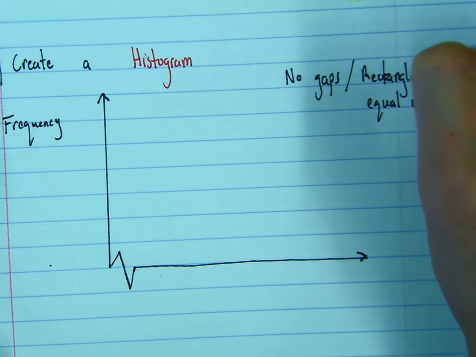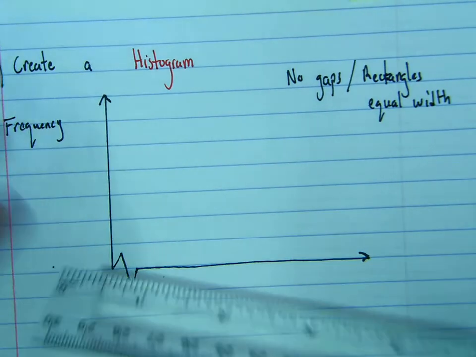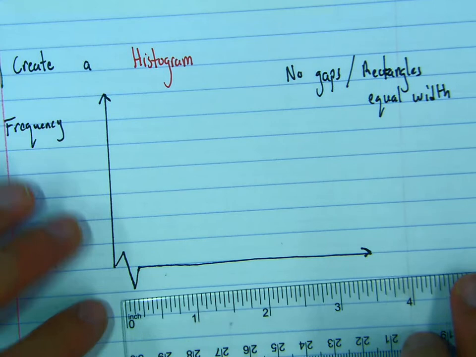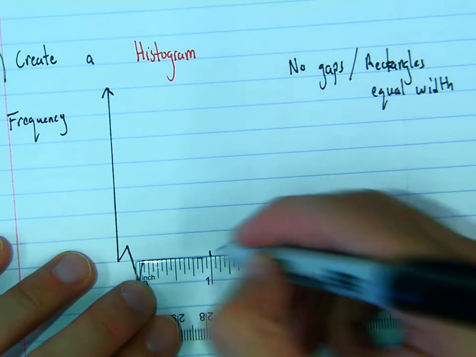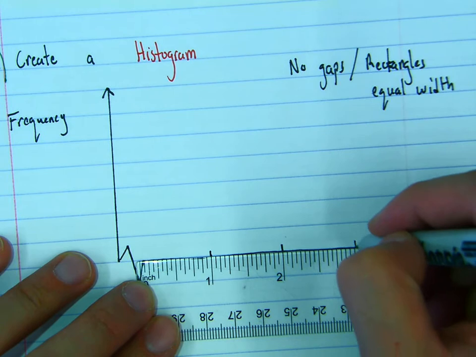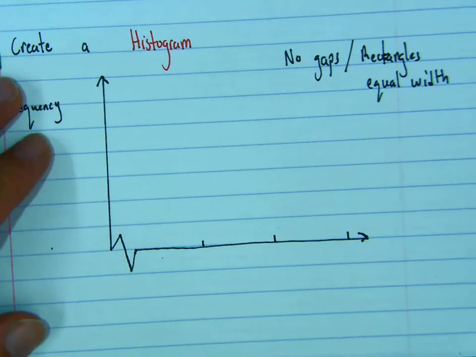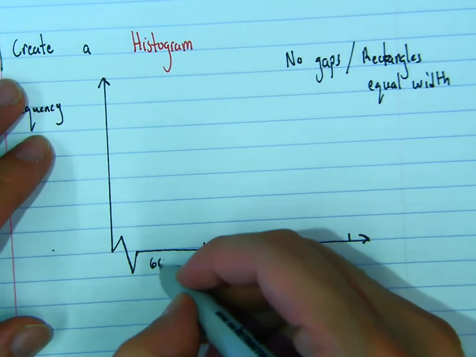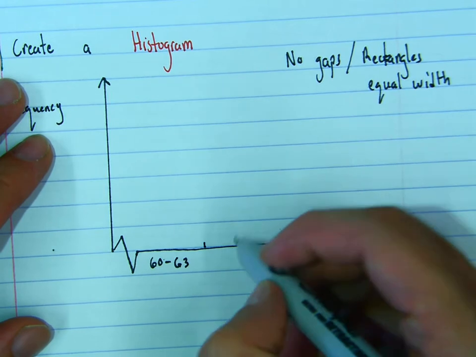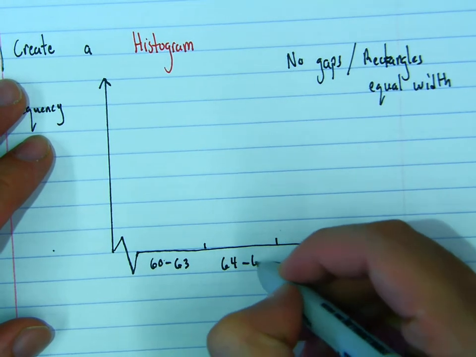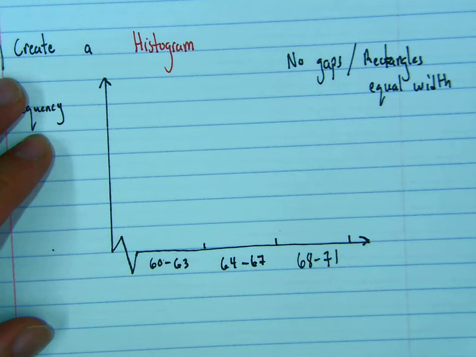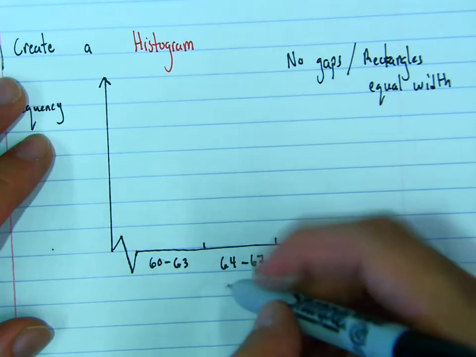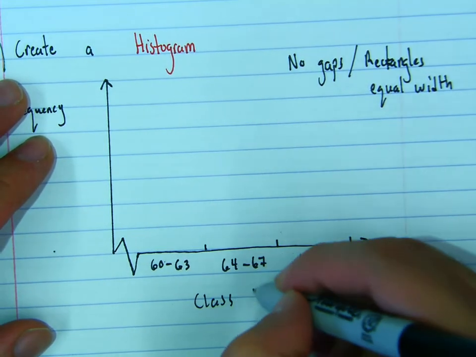So make sure you're very nice with your ruler. Maybe we can do 1 inch per interval. My first interval is 60 to 63 inches in height, 64 to 67, and then the next one is 68 to 71. And here on the x-axis we call these the class intervals.